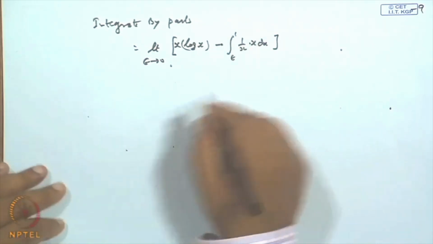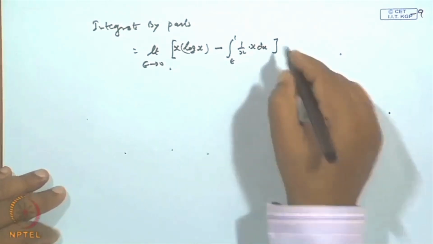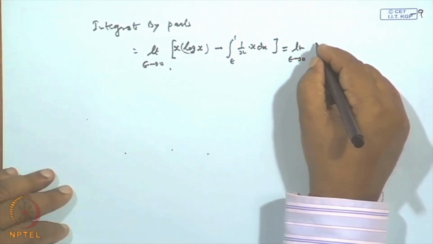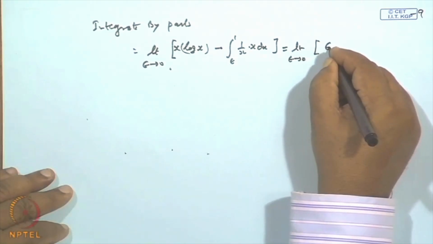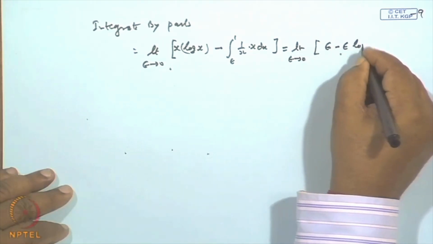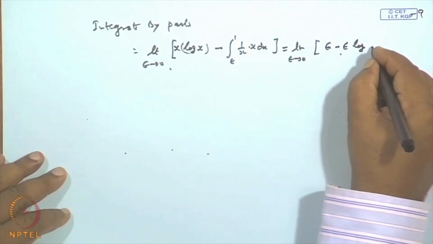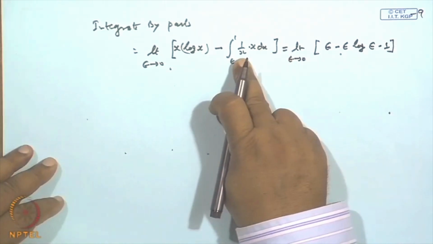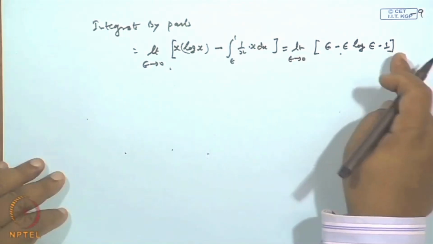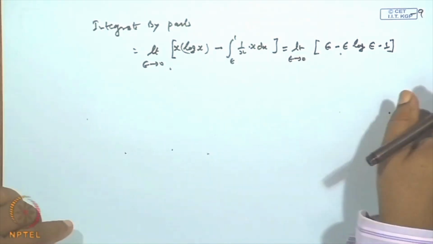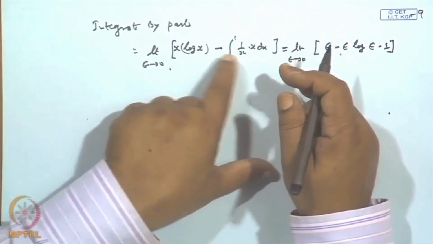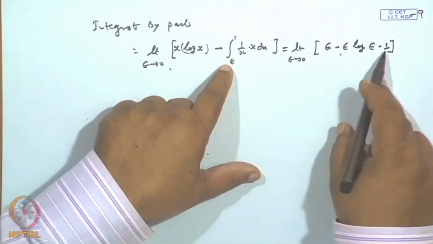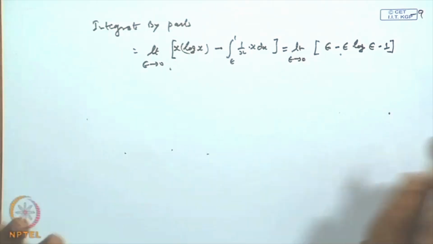So when you integrate again, finally you get the limit as epsilon tends to 0 of the value epsilon minus epsilon log epsilon minus 1. The x gets cancelled, so here is x, which is minus 1, then plus epsilon, and here is epsilon log epsilon.